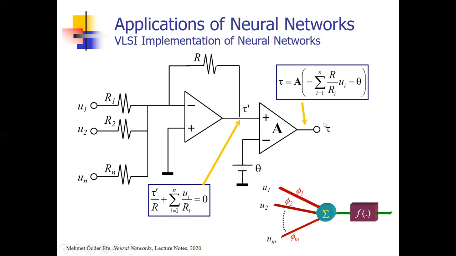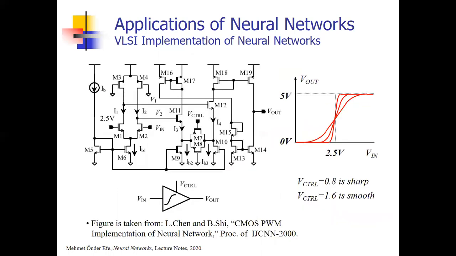So in VLSI, there are many different techniques that you can use, the classical components of electronic circuits, like the current mirrors you see here. There are some standard structures you see here. There are current mirrors here. Okay, so it is possible to implement this.